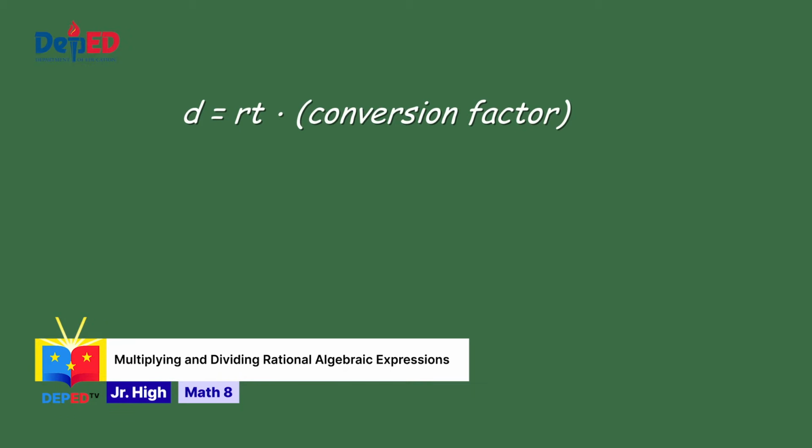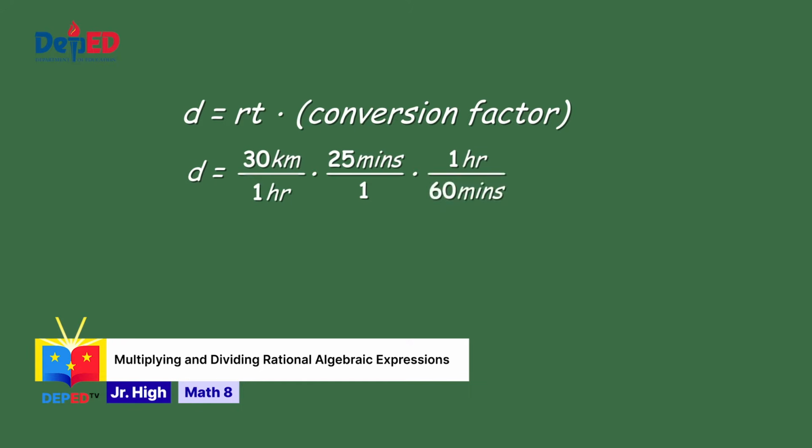So we will have an equation of d, or the distance, equal to 30 kilometers over 1 hour, the speed of the vehicle, times 25 minutes over 1, since it is a whole number, and times the conversion factor 1 hour over 60 minutes because there are 60 minutes in an hour. Then, what will be the product of these fractions?